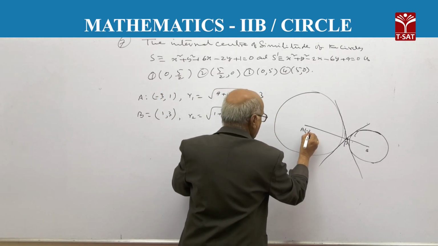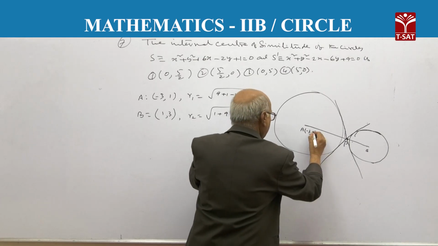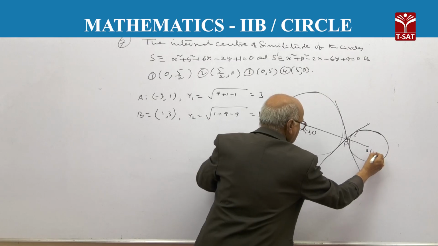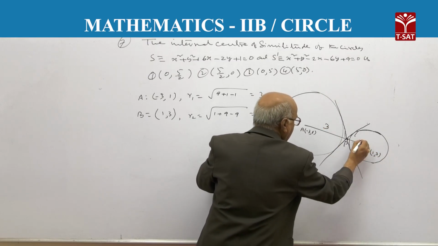The center A is (-3, 1) and B is (1, 3), with radii 3 and 1.